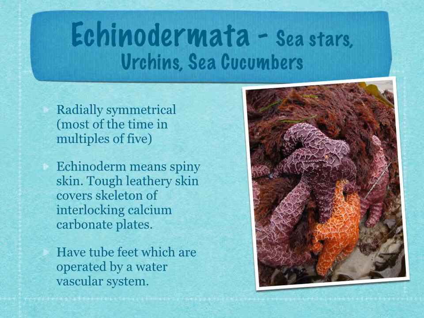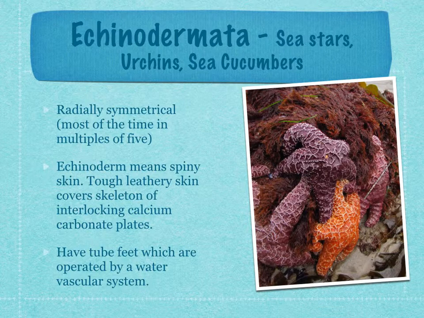All echinoderms also have tube feet, which are operated by a water vascular system. In the picture to the right, the dot that is orange on the top purple sea star is called the madreporite. That is where they suck water into their bodies.